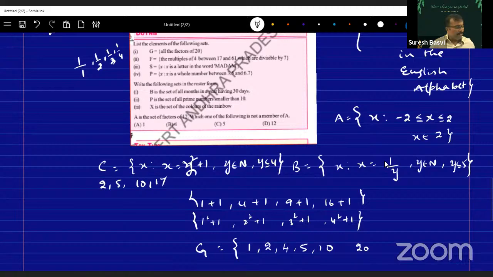So {1, 2, 4, 5, 10, 20}. The first answer is this. So page number 29, and don't forget today's date is 7/7/2021. You have to write it in your notes.